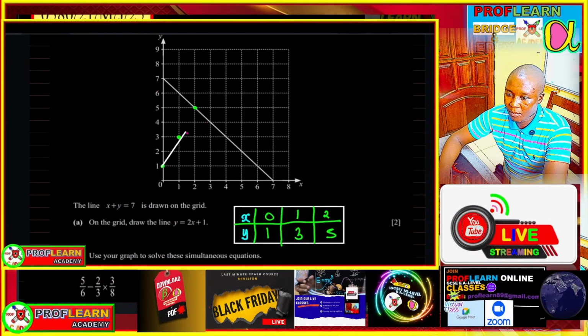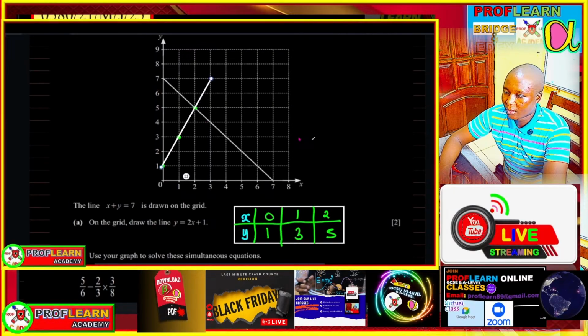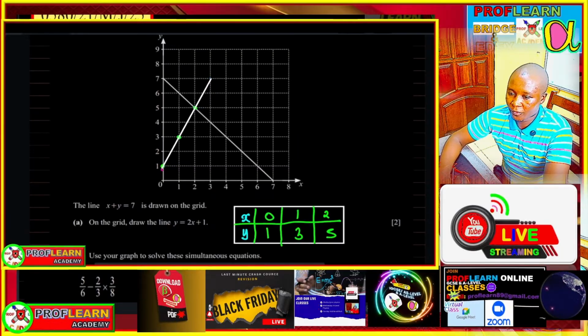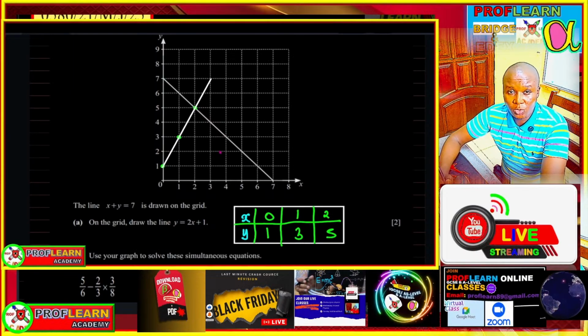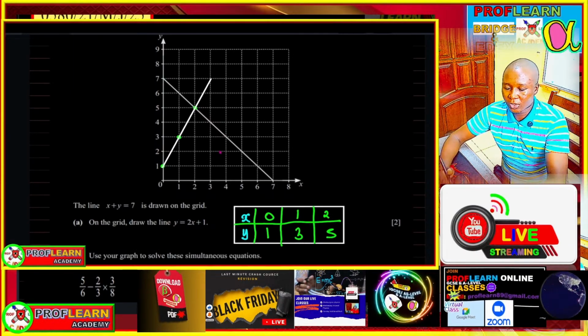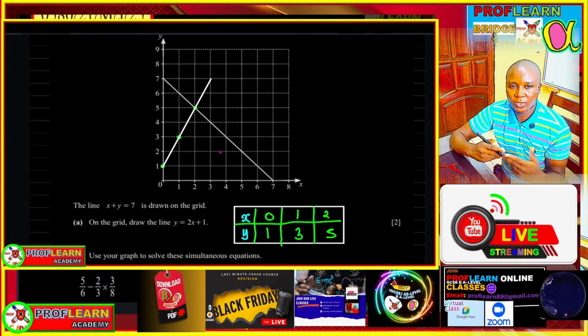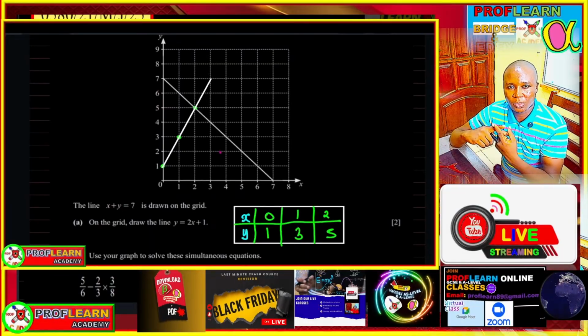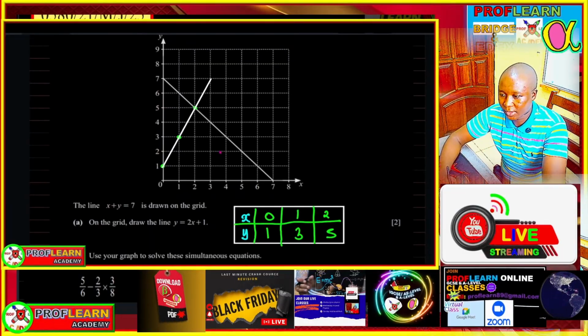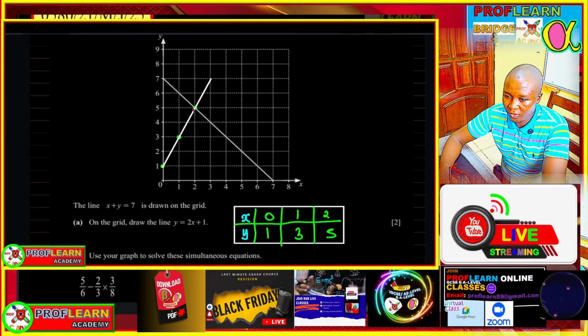Then I can now draw a straight line joining the points, and I'll find my line, and the point of intersection is shown there for the two lines. So if you are told to solve simultaneous equations graphically, you just plot the two lines together on the graph, and then you check where the lines are crossing, the point where the lines are intersecting, and that's going to give you the solution.